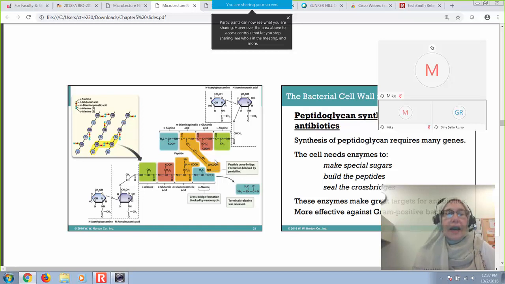They're covalently attached. And here in the center you can see how they're covalently attached by these cross bridges. A peptide of 4 amino acids, so a tetrapeptide, forms off of muramic acid. And these peptides then covalently link the layers, from one layer to the next, through a covalent bond between the amino group of one amino acid and the carboxyl group of another amino acid.